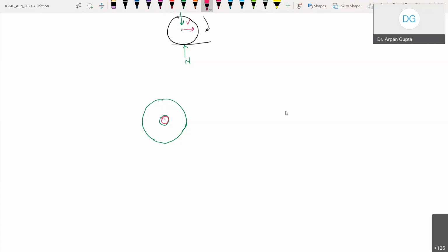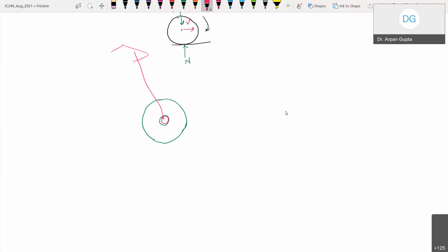Let us say this is some kind of a system like this. Due to this axle and bearing, you can see that this red color is the axle, and between the axle and your wheel there will be some kind of bearing, which we have studied just now.